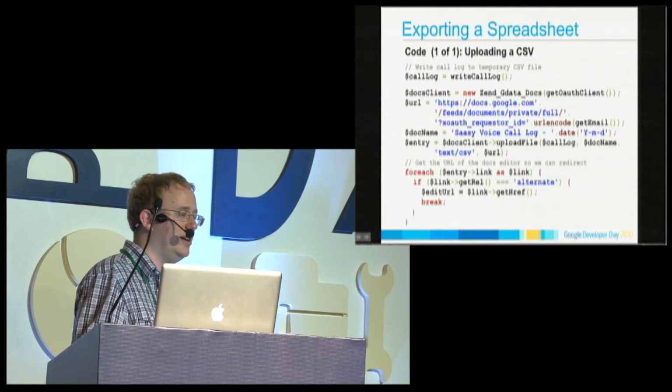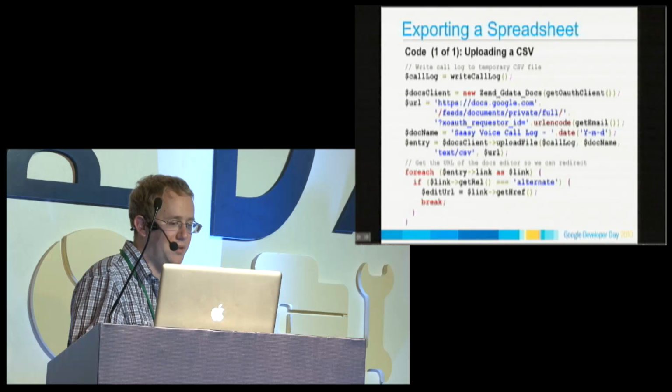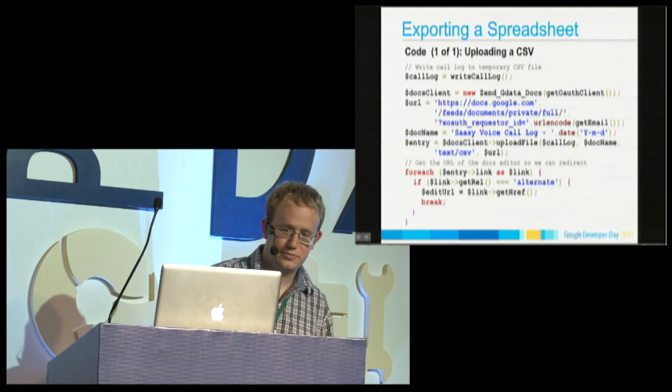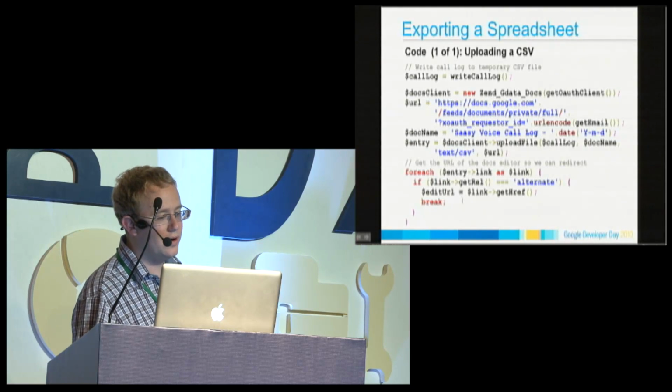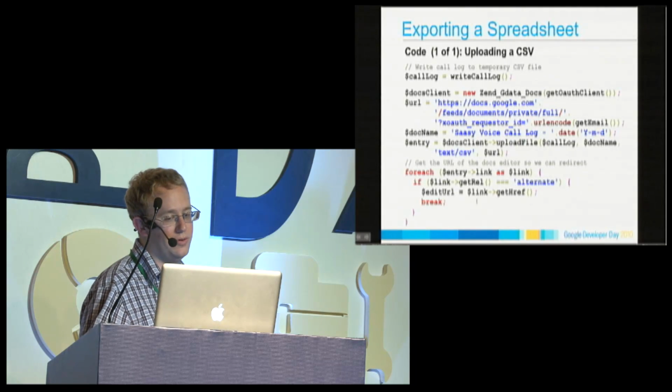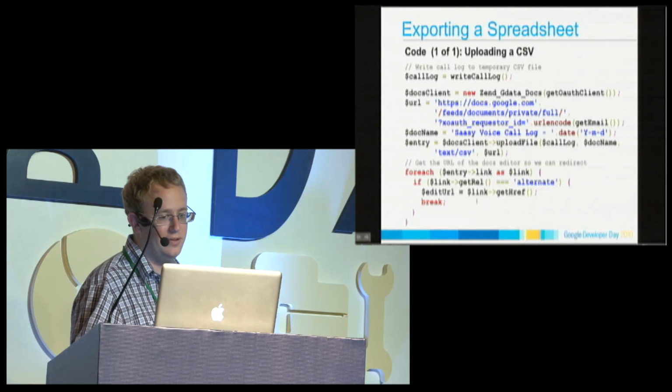It's one simple line to upload that file. You're passing the MIME type as a CSV, so Google Docs knows to create it as a spreadsheet. And then you're getting the URL back from Google Docs, and that's what was displayed in the web browser. So the web browser opened up that new URL with the Google spreadsheet. Fairly simple.